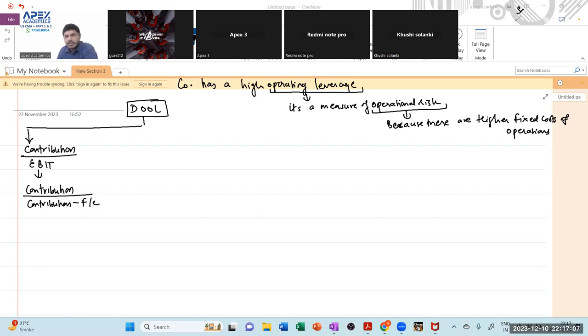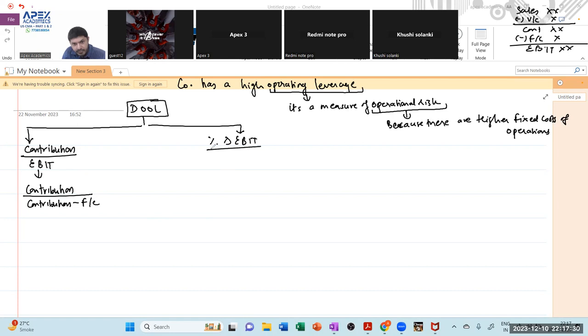Sales minus variable cost is contribution. Contribution minus fixed cost is equal to EBIT, so I wrote it like that. Correct? The second in the DOL chart was percentage delta EBIT upon percentage delta sales. This is a very important and crucial formula. I am making a statement.